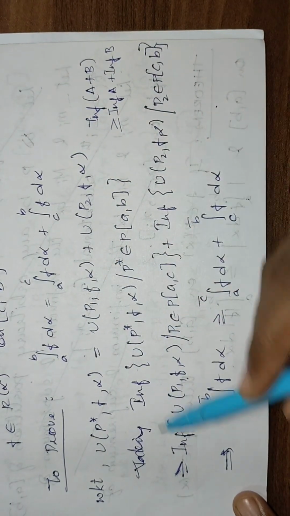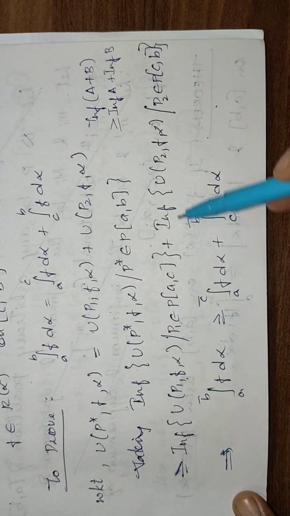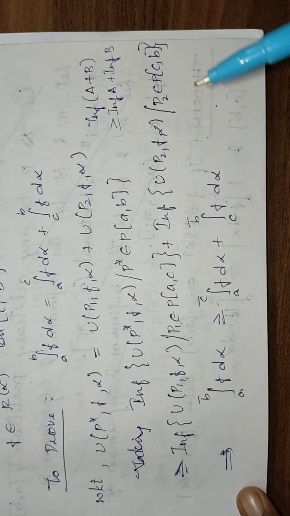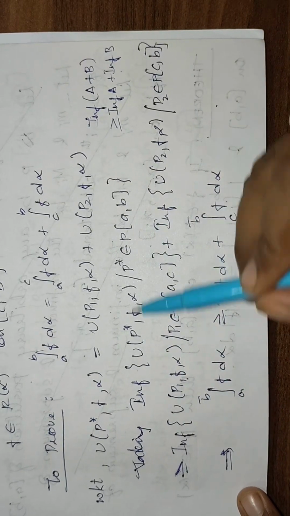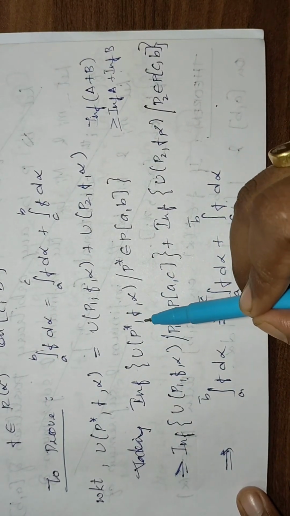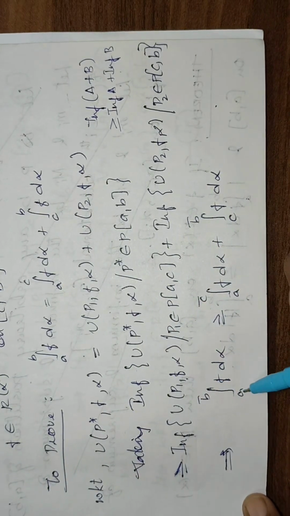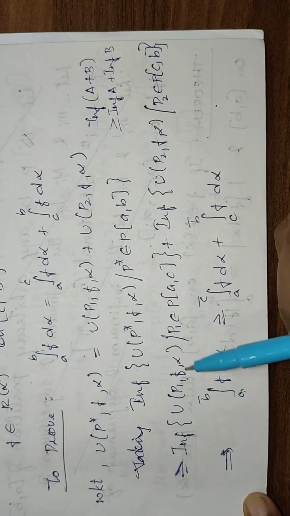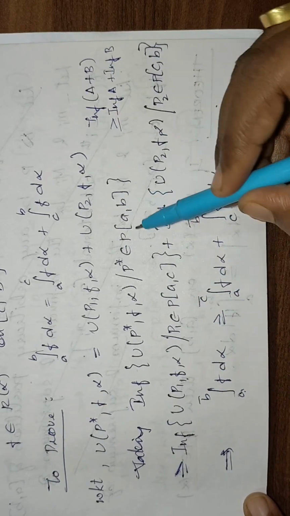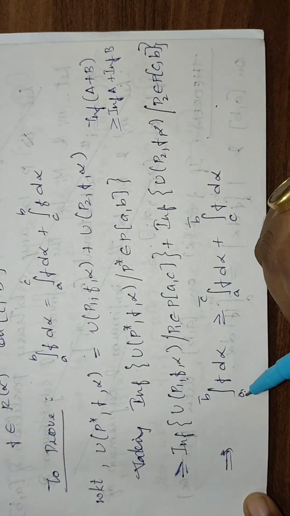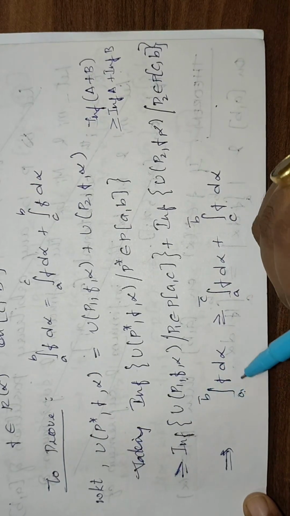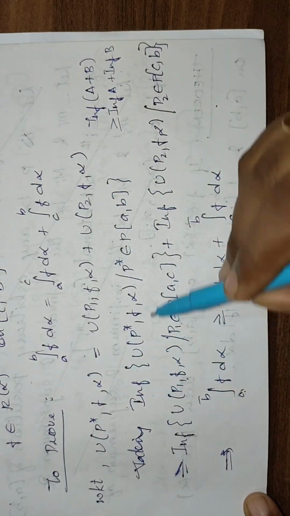So I can write this as greater than or equal to the infimum of a plus the infimum of b. Actually, the infimum of U of p star, f, alpha is the upper Riemann-Stieltjes integral, from a to b, because this is the definition of the upper Riemann-Stieltjes integral.